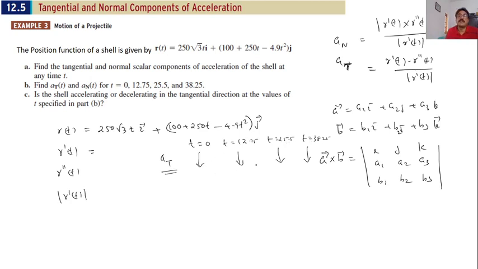If these values are increasing, you can say it is accelerating, and if they are decreasing, we say it is decelerating. This is how we answer this question.